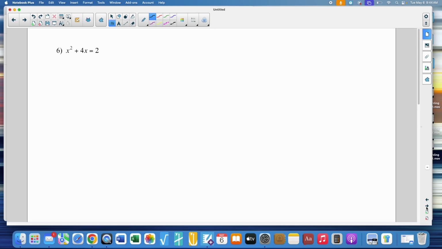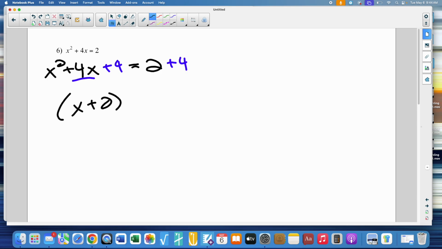We've already moved the constant. The constant is already over on the right side, so all we have to do is complete the square. Half of b, which is 2, squared is 4. This is now a binomial square on the left side. So it becomes quantity x plus 2 quantity squared equals 6.